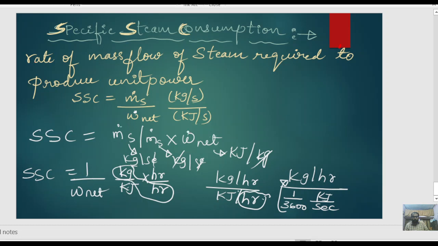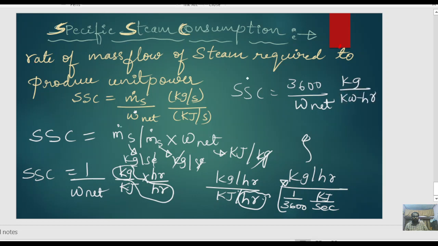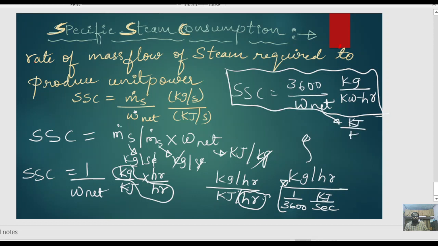So the final formula for specific steam consumption is 3600 divided by W net. The unit is kg per kilowatt hour. You have to memorize this formula, where W net is in kilojoule per kg.